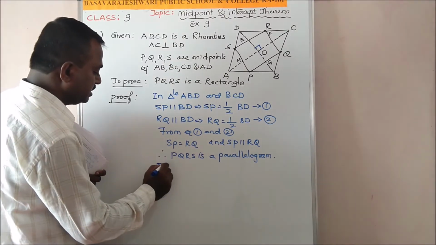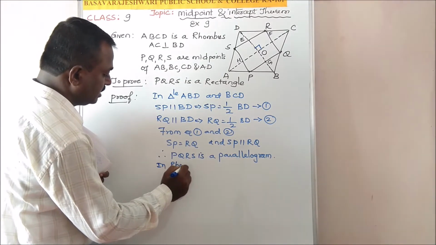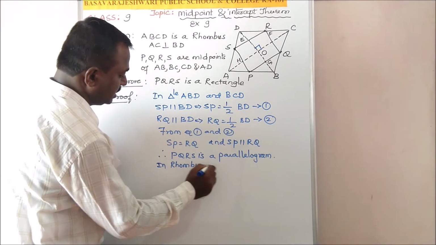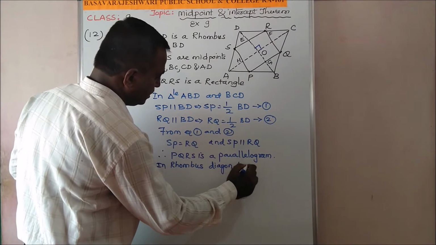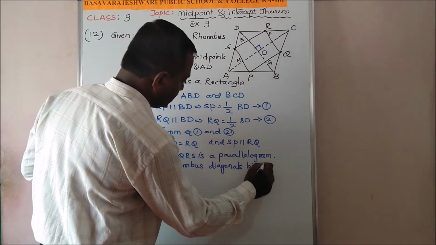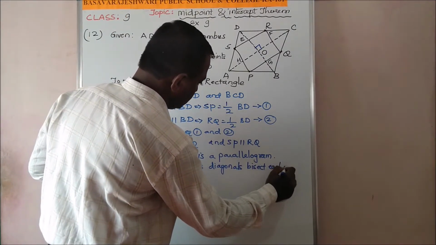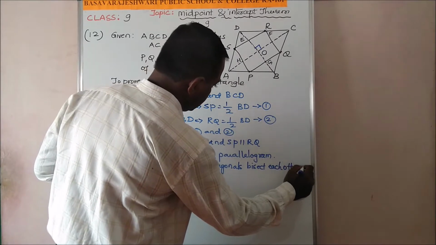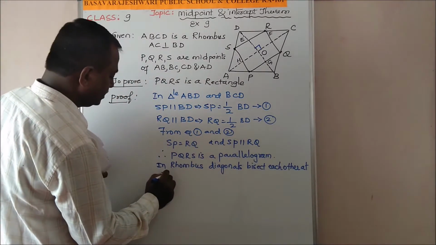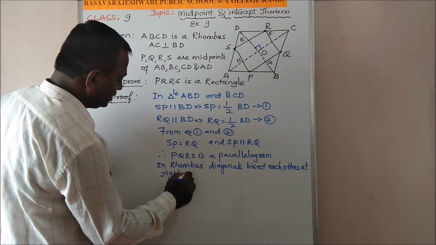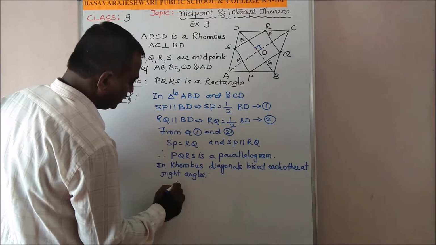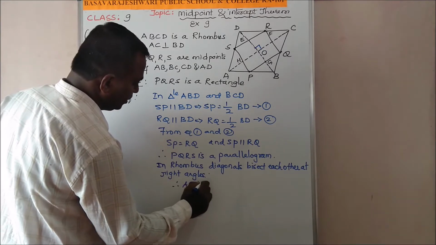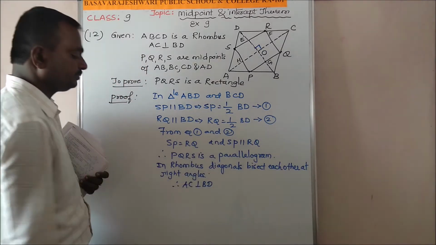In a rhombus, diagonals bisect each other at right angles. Therefore AC is perpendicular to BD.